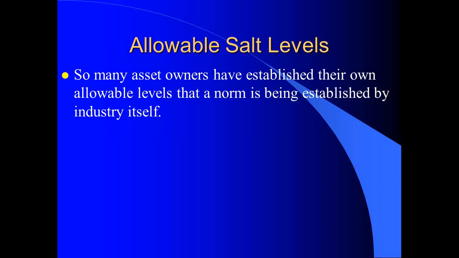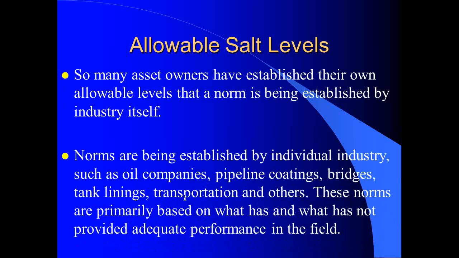They don't want to have a premature failure, so they're going in and writing their own levels all by themselves. And they're primarily being developed through individual industries, such as oil companies, the pipeline coatings, bridges with DOTs, tank linings, rail cars. The different industries are setting their own levels.